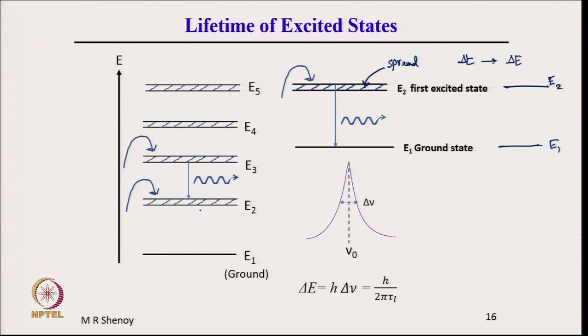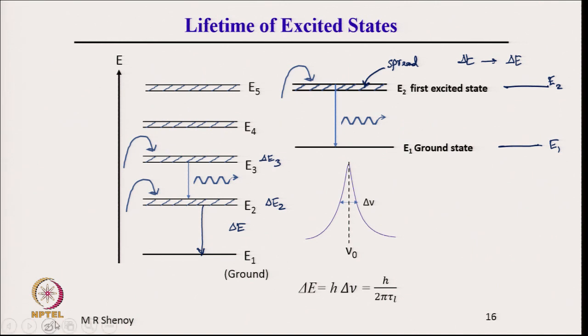So, if we are having a transition from here to here, then there is an uncertainty associated with this. So, there is a finite delta E. If you are looking at a transition here between two levels, then there is a delta E3 here and there is a delta E2 here. Therefore, the uncertainty is not double, it is the sum of this delta E3 plus delta E2.